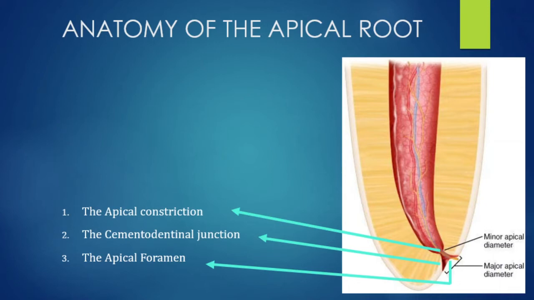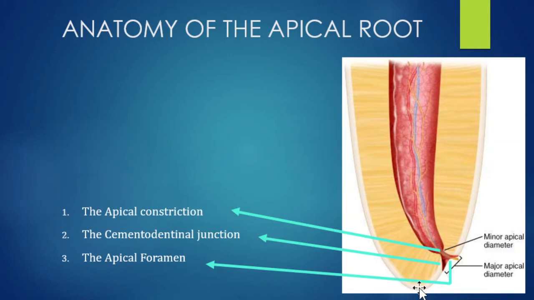Alright, so now let's move on to the apical anatomy of a tooth. The terminal part of a tooth root usually exhibits four distinct landmarks. Here we can see three of them, which are the apical constriction, the apical foramen, and the cementodentinal junction, CDJ. And also, I should mention that we have here the anatomic apex or radiographic apex.